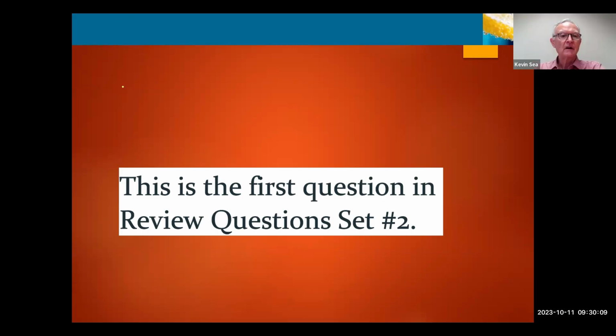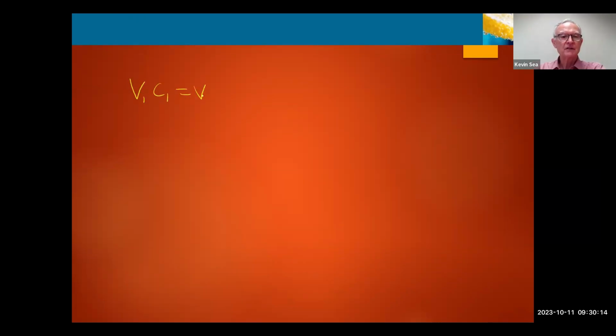Let's do an example. All right, so we have C1 V1 equals C2 V2. So our C1 was 0.9% weight to volume. Our V1 was 25 mL, and that equals V2 times C2, where V2 is 75 mL.